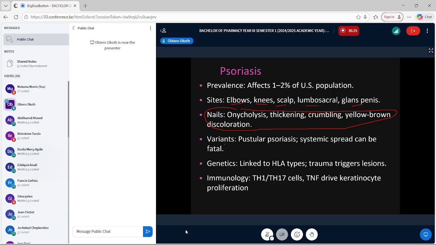There are several variants. We are not going to discuss that. There are almost 15 different variants of psoriasis. That's not for you. The severest form is normally called pustular because you get pustules.